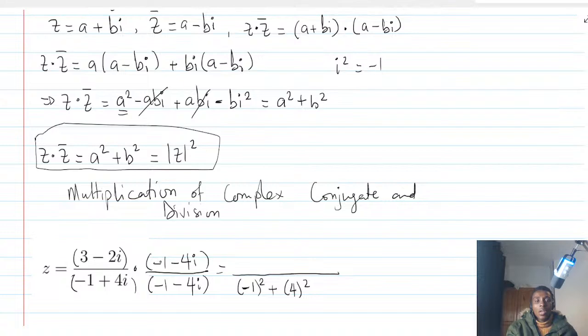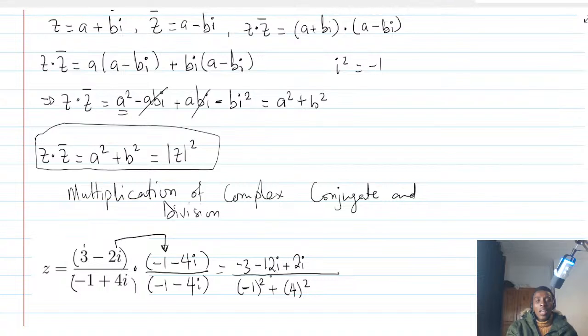And then we will multiply 3 by -1, which is -3. So 3 by -1, and then 3 by 4, which gives us -12i. And then we will take 2 and then 1. So -2 multiplied by -1 is what? Plus 2i.